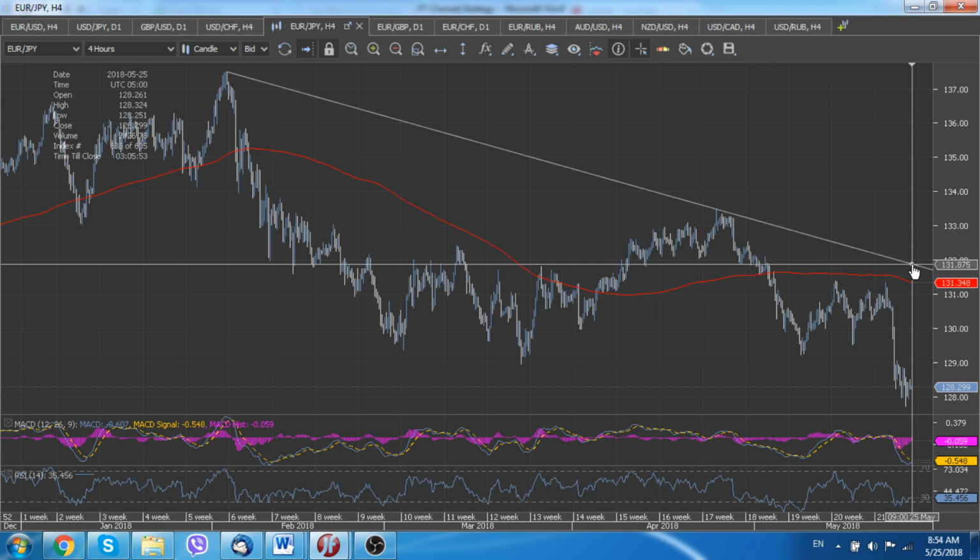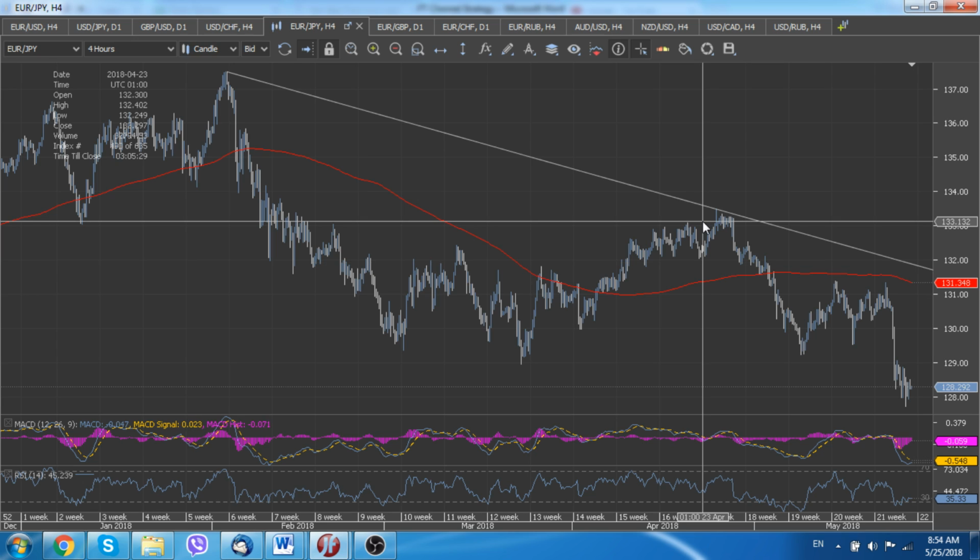Probably not extremely, but anyway, take into consideration some kind of risks associated with this pair, as we already mentioned: Italian politics and geopolitical tensions. That means that Euro-Yen should remain under downside pressure at the moment of writing.